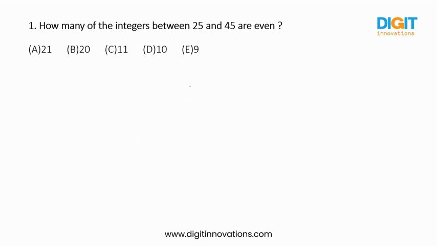We have to count from 25 to 45. We'll just count the even numbers, we are not going to find odd numbers. From 25 it will start, so next it is 26, 28, 30, 32, 34, 36, 38, 40, 42, 44.